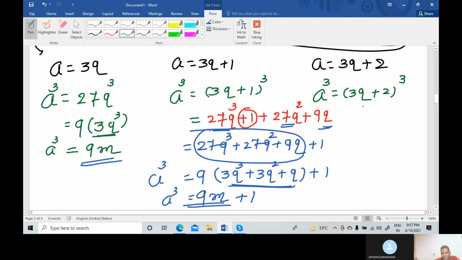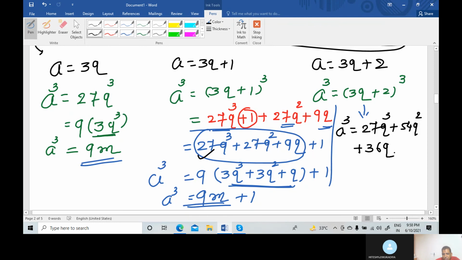Now the expansion. a cube equals 27q cube plus, now we can directly arrange this: 3a square b is 3 times 9q square, 3 times 9 is 27, 27 times 2 is 54, so 54q square, plus 3ab square: 3 times 3 is 9, 9 times 4 is 36, so 36q, and the last one b cube is 8.